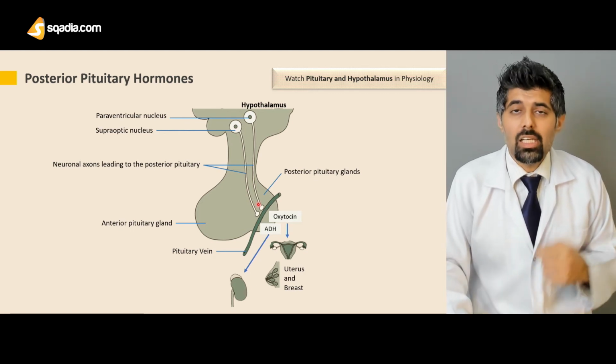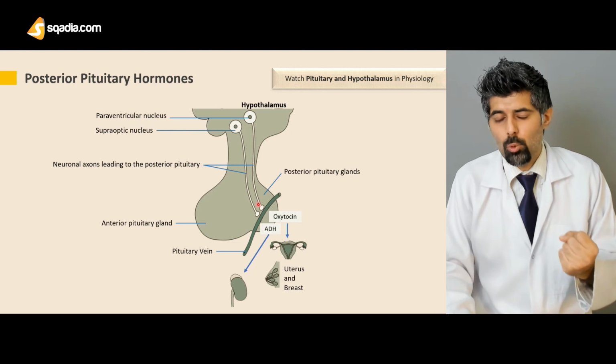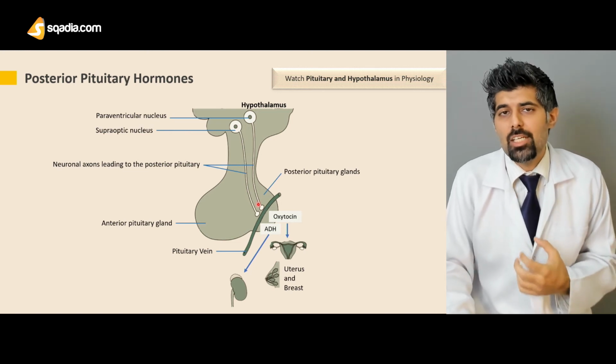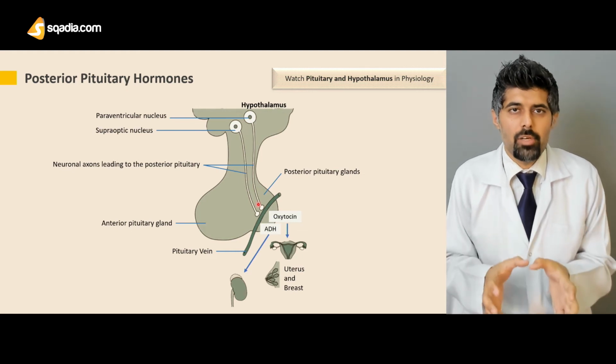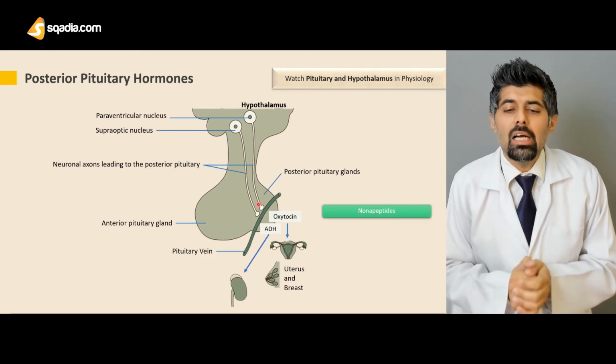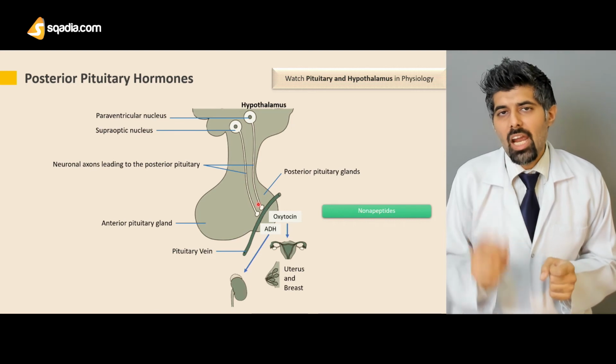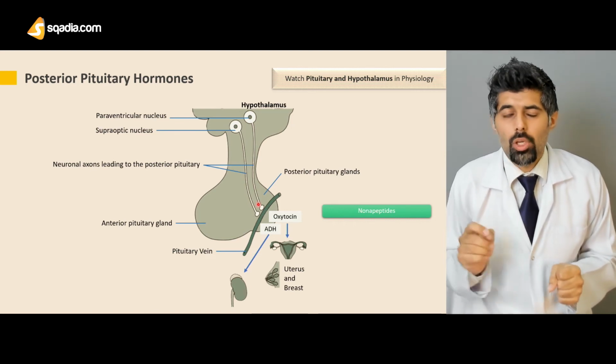Now, as for the release of both oxytocin and ADH, there are certain terms and regulation that you must be aware of. The first is that both oxytocin and ADH are nonapeptides.